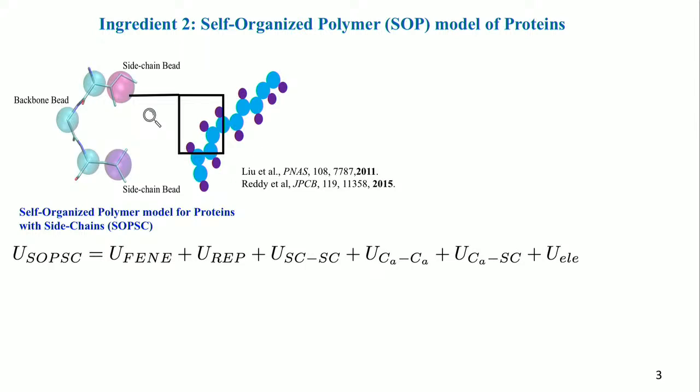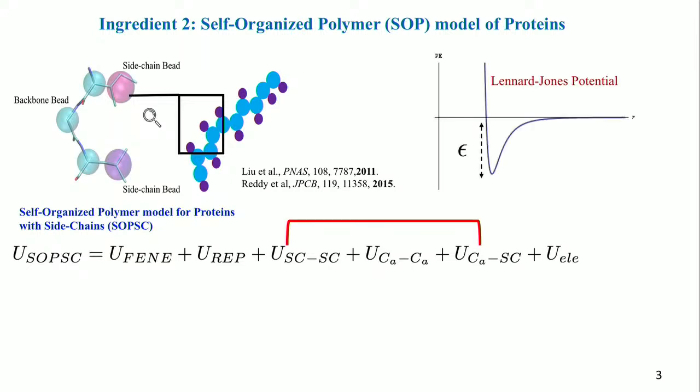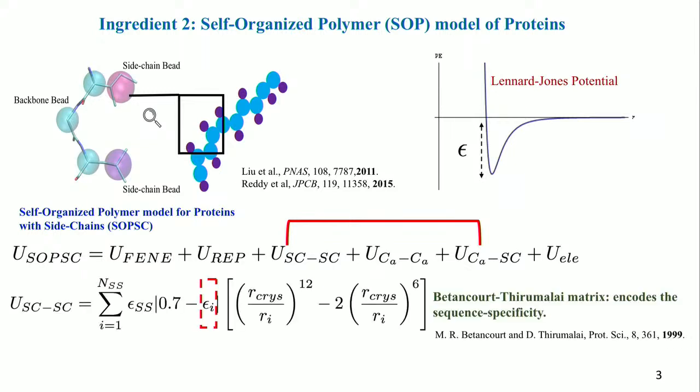And this is of course the electrostatics part, which describes the interaction between charged amino acids. And these 3 potentials again are basically of the Lennard-Jones form, and this epsilon has different values depending on whether you are considering side chain, C alpha, or C alpha side chain interactions. The important point to note here is this side chain interaction.